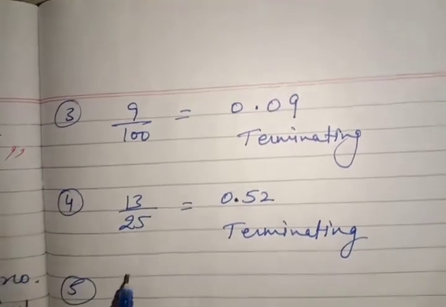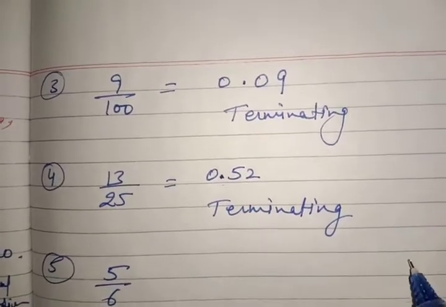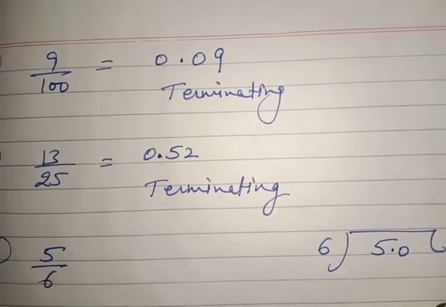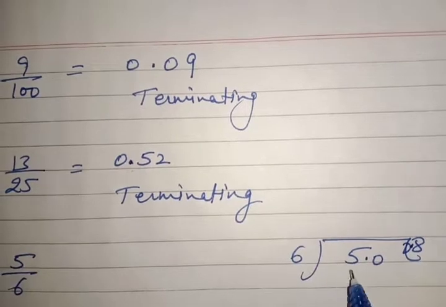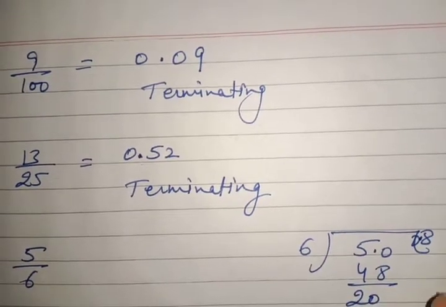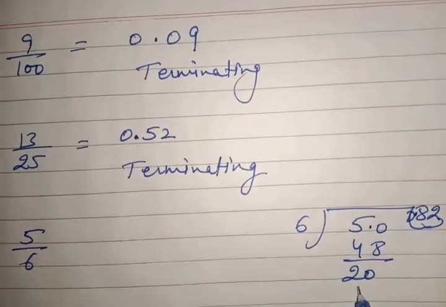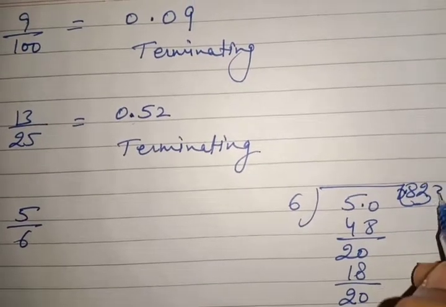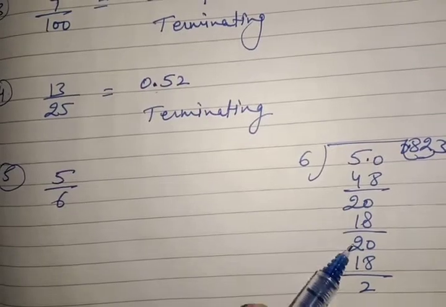Next, one more example I want to discuss with you. 5/6. If you divide 5/6, it's 0.8 and the remainder is 2. So you can see 2, 2, 2.